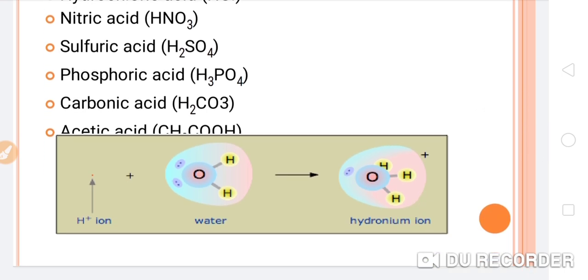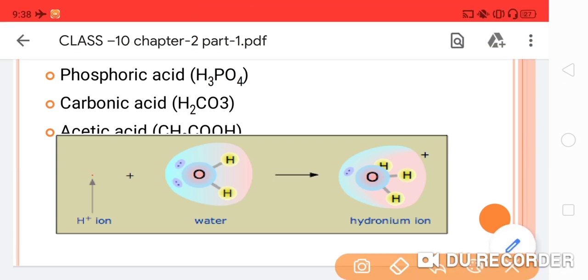So let's see the mechanism of how it works. When you dissolve an acid inside water, you get H+ ion, and this H+ ion is a highly unstable species, so it wants to gain stability. How will it gain stability? In the water molecule there are two non-bonding lone pairs of electrons.